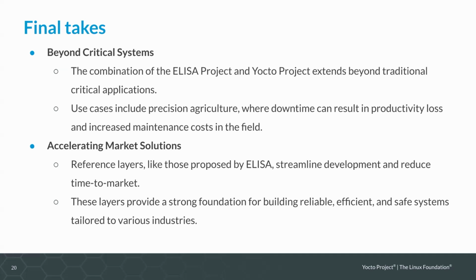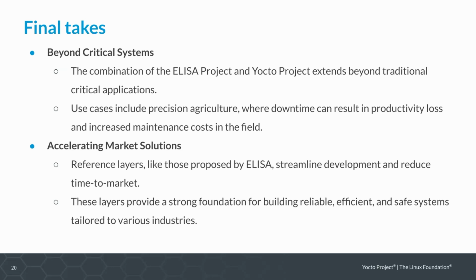Here in Brazil, we have many equipments on the agriculture side, precision agriculture. This is not a critical safe application use case, but if you look at this application with safety in mind, maybe we can reduce downtime of one equipment.